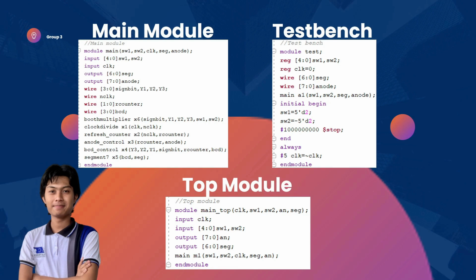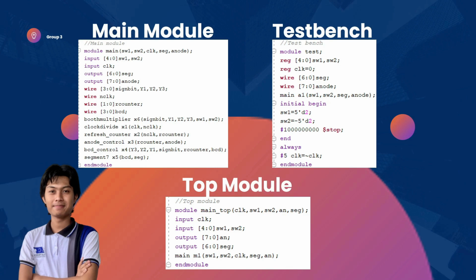The inputs of this main module are switch 1, which is 5-bit, equivalent to 5 switches on the board, and switch 2, which is also 5-bit, also equivalent to 5 switches. The output is connected to the anode and 7 segment control for displaying output on the 7 segment display.